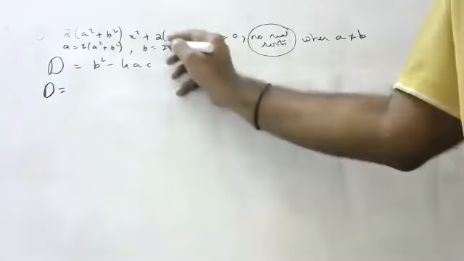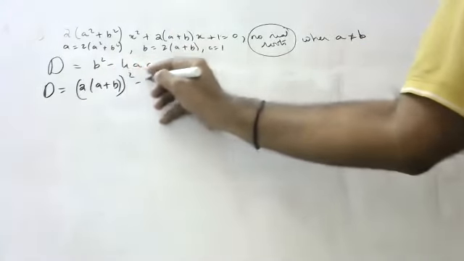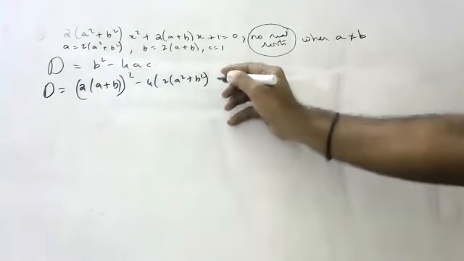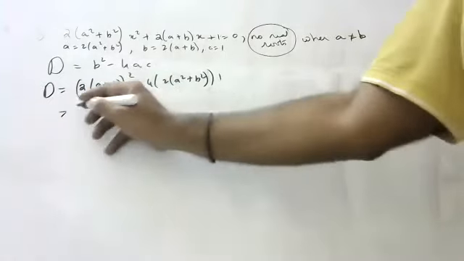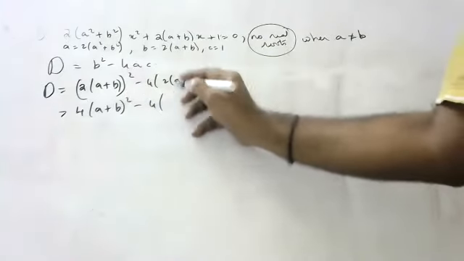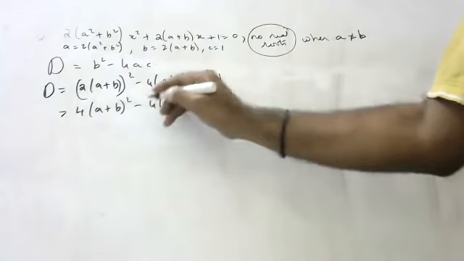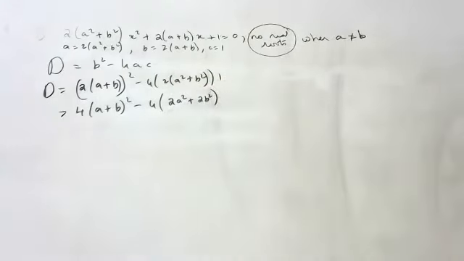What is the substitution? 2(a + b) whole square minus 4 into 2(a² + b²) into 1. So 2 square is 4, (a + b) whole square, minus 4 into 2(a² + b²). So we write 2a² plus 2b². Okay, we'll expand.